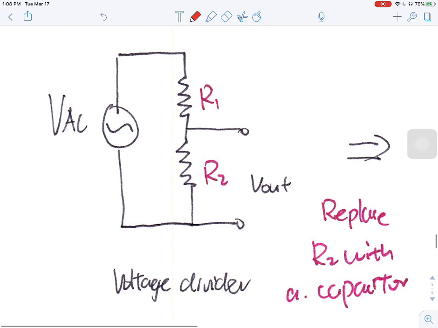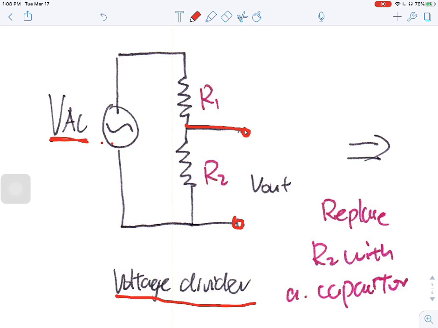However, when we talk about data conversion, we usually have an AC voltage source instead of a DC signal. And you have R1, R2, and an output here. R1 and R2 serve as a voltage divider, dividing the voltage.